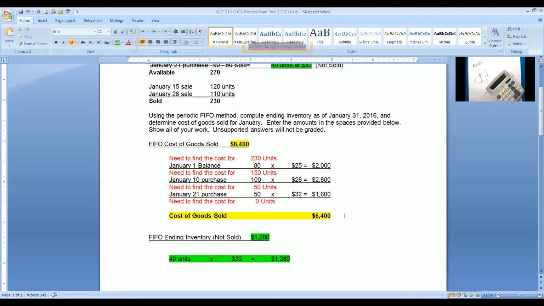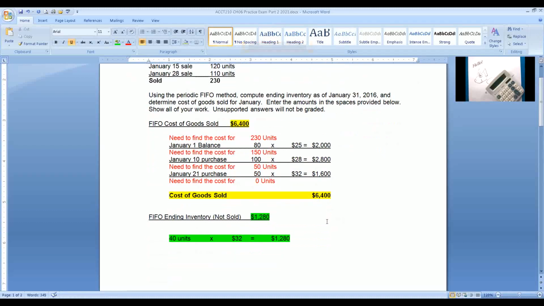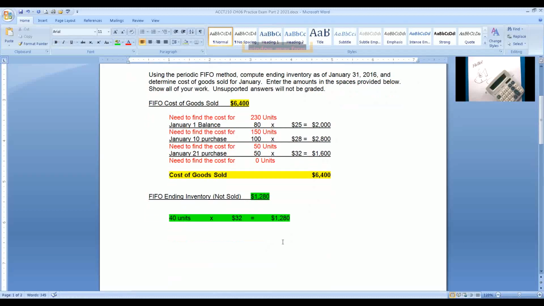And these should all come out to be the same in total if you add them together. So 6,400 plus, what is that? Because that would be the available. 1,280. That equals 7,680.